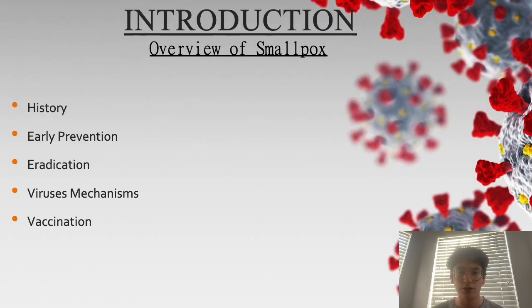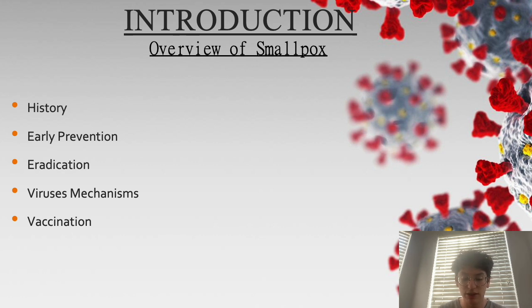Here in our introduction, I want to overview how our presentation will be structured. Beginning with the history, we'll be diving into the interactions of the smallpox virus with human civilizations at different time periods. So we'll be discussing the early ages, the Middle Ages, and colonial America, as well as the early prevention methods and the eradication.